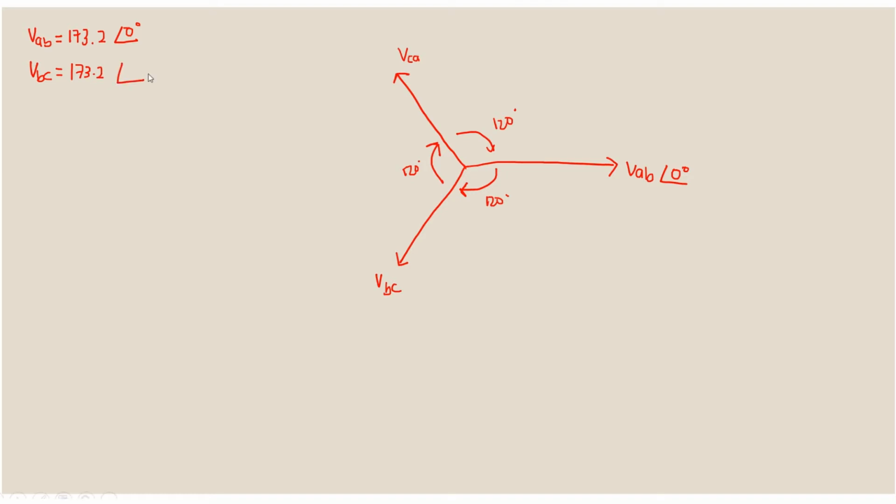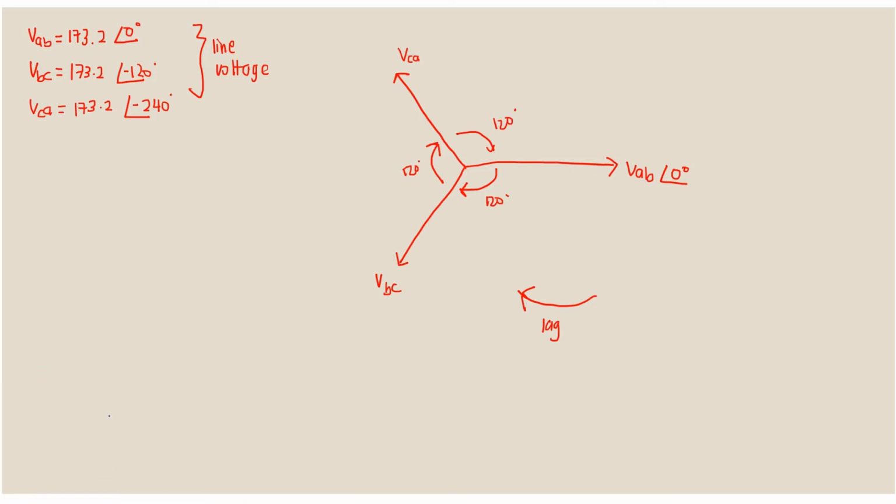Now, because we are going in that direction, it's lag, so it's negative 120 for VBC. And VCA is the same magnitude again, and this time is negative 240. That is for the line voltages.